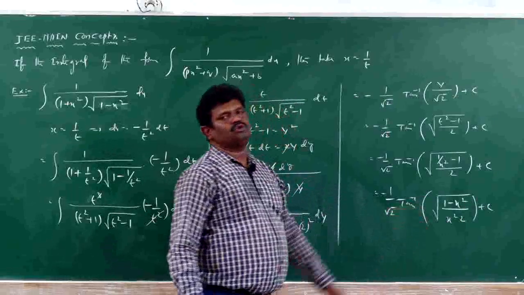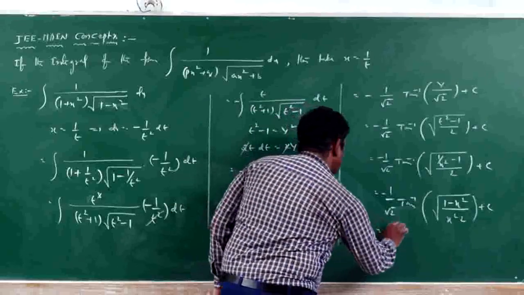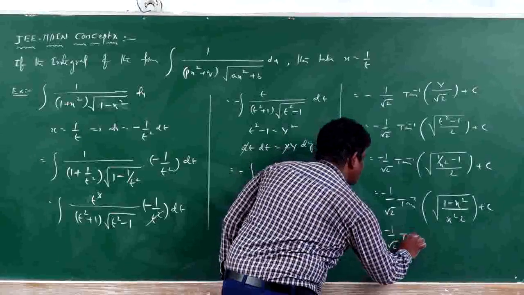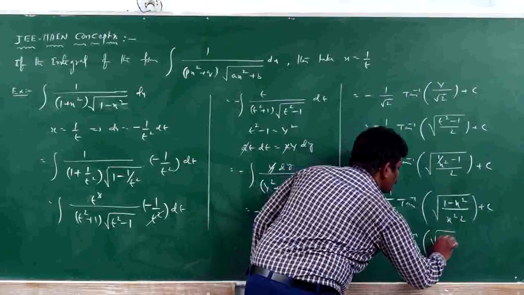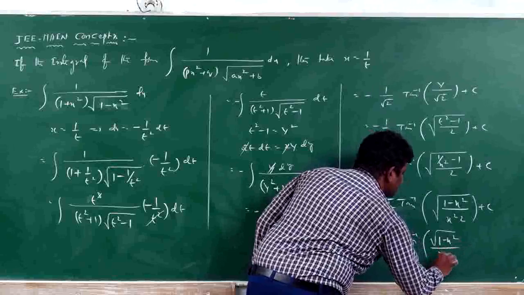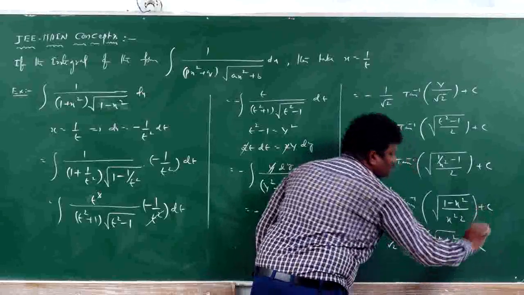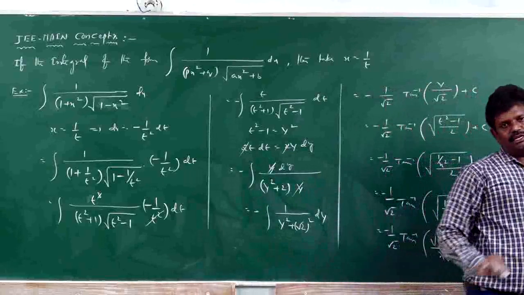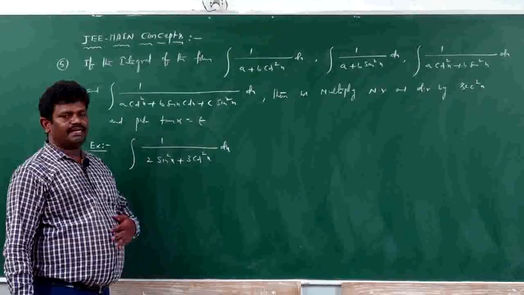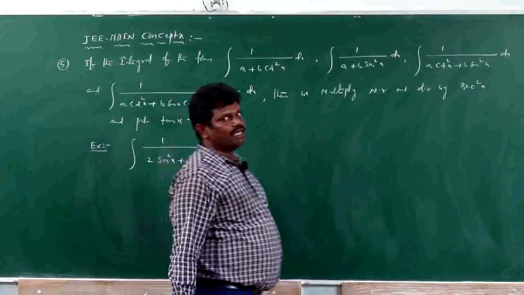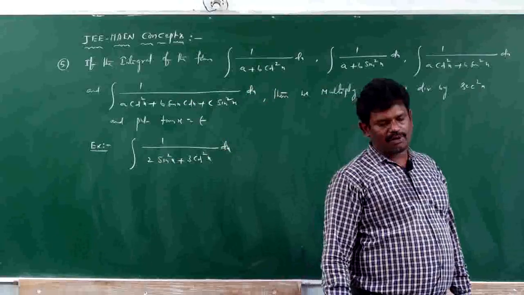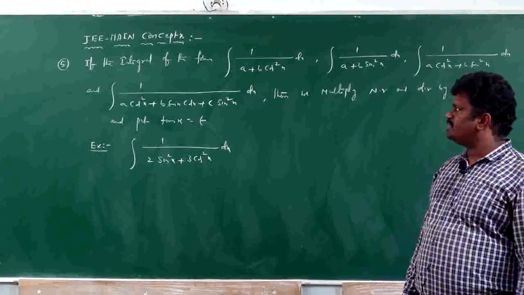Finally, we write minus 1 by root 2 tan inverse of root of 1 minus x square by x into root 2, plus c. Okay?